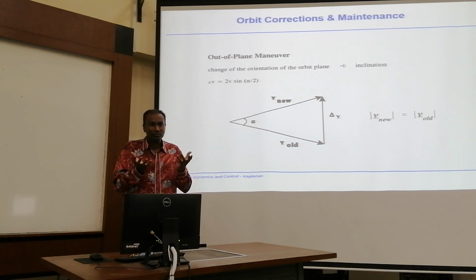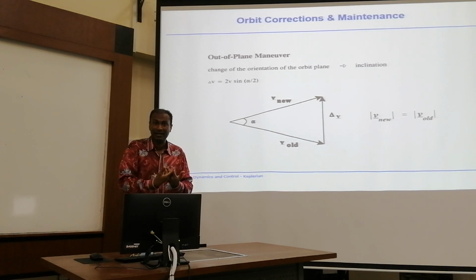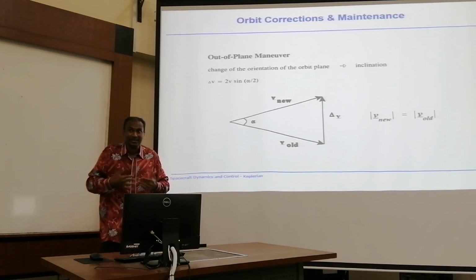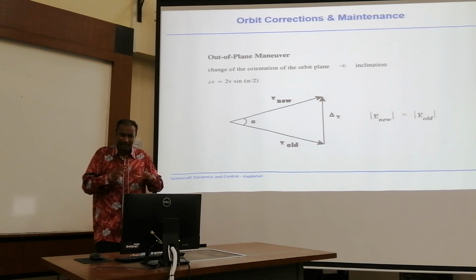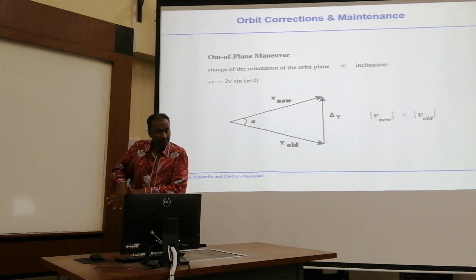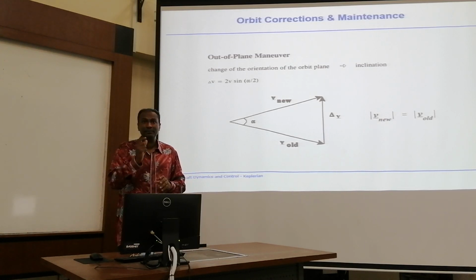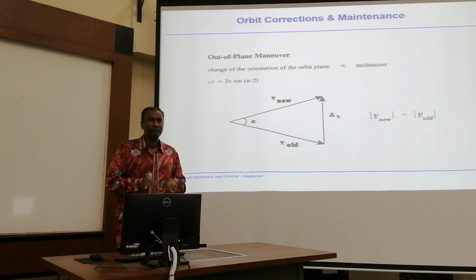How do I know? Space mechanics, in the onboard computer, technically you can calculate it, or you can do this exercise on the ground. You do all the space mechanics calculation, exactly what you have done in your space mechanics, you do it here. And you know exactly how much delta V to fire. You send the command straight from your ground station to the satellite.